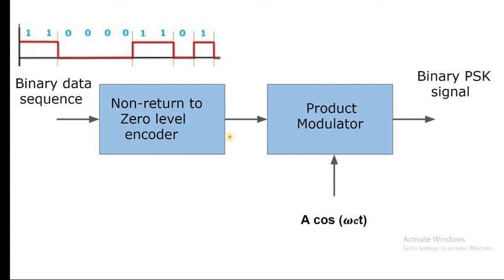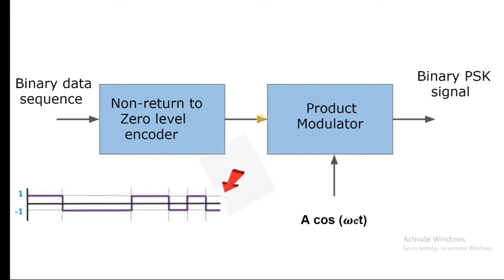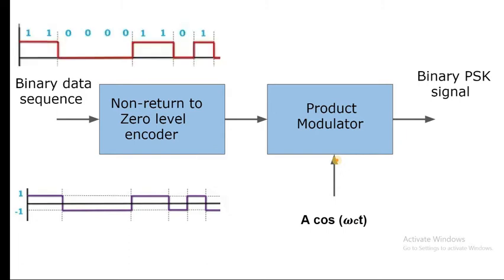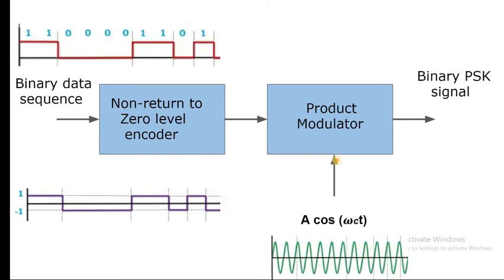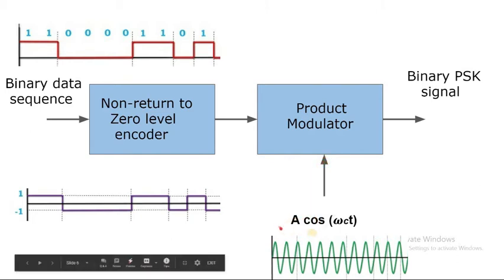The output of the bipolar signal is then applied to one of the two inputs of the product modulator. To the other input of the product modulator, a high frequency sinusoidal carrier is applied, which is given by Pc of t equals A cos omega c t.